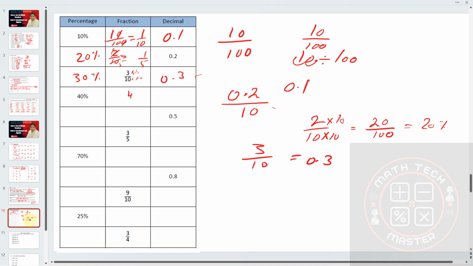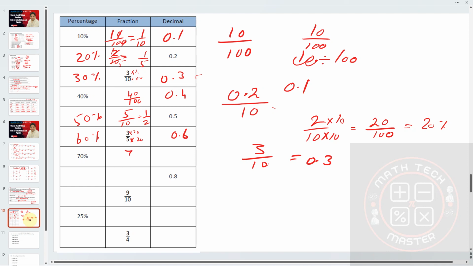So the rest of the things can go like this. 0.4, it will be 5 over 10 or 1 over 2, it will be 50%. It will be 0.6 or 60%.